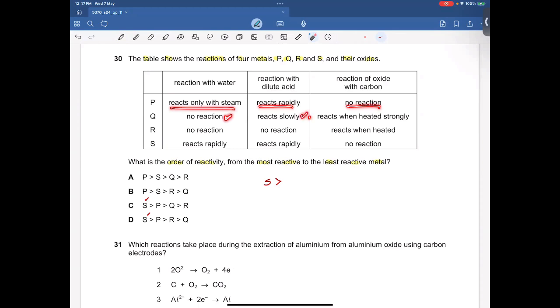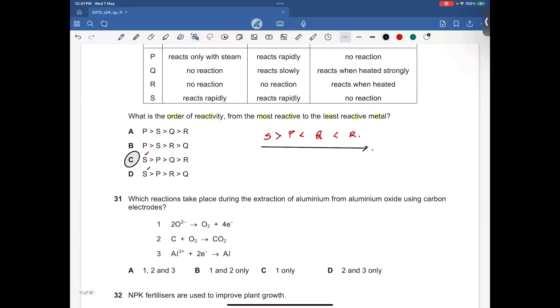This means Q is less reactive than P. So P is more reactive than Q, and R has the lowest reactivity, because R does not react at all. Right, there is no reaction in R. So the answer to question 30 is going to be C, because this order is only in C.